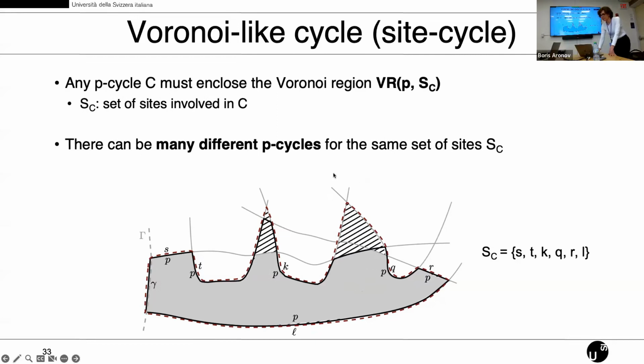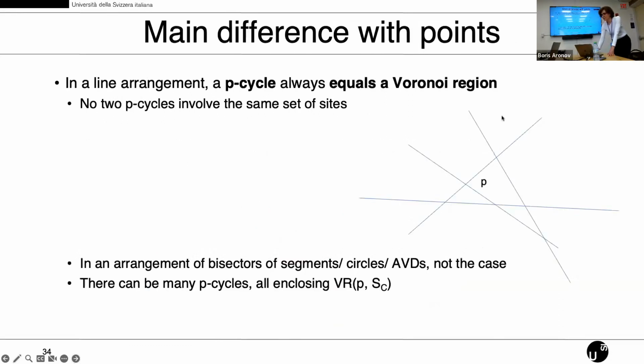So there can be many different P cycles for the same set of sites, and that's the main difference with points. In a line arrangement, a P cycle always equals a Voronoi region, so no two P cycles can involve the same set of sites. But in an arrangement of bisectors of segments, circles, or abstract Voronoi diagrams, that's not the case. We can have many such P cycles, but they all enclose the Voronoi region.